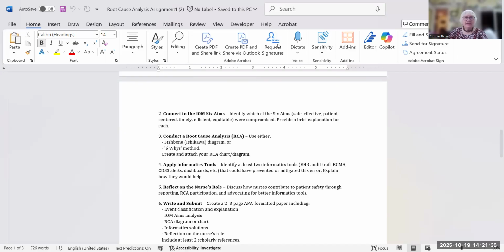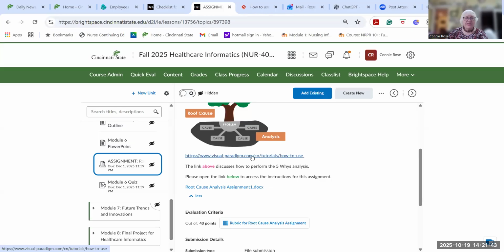On your Brightspace this week, up here, you can see the description of the 5 whys. All right. As far as doing a diagram, something that you might want to consider using, if you like to use the computer, is going to Word.